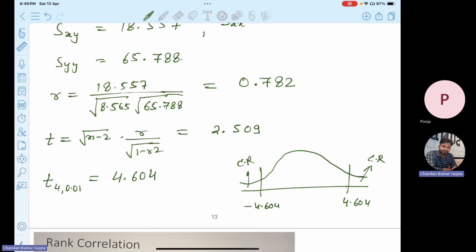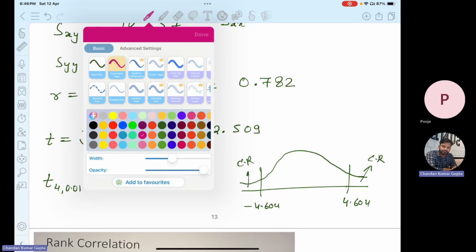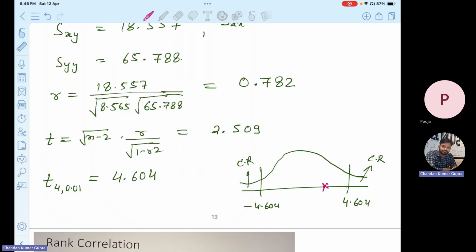And our calculated value is 2 point something, 2.509. So our calculated value lies somewhere here, in the acceptance region.